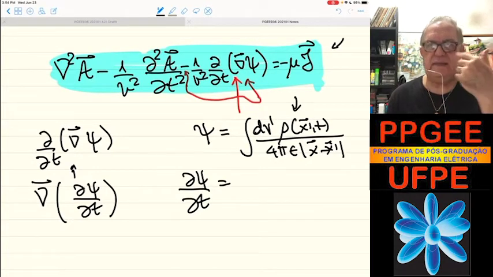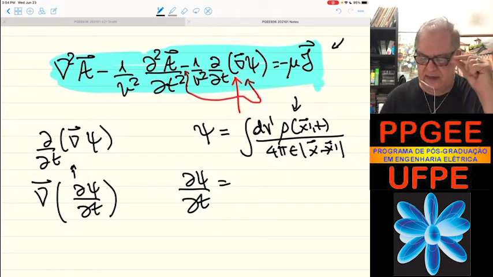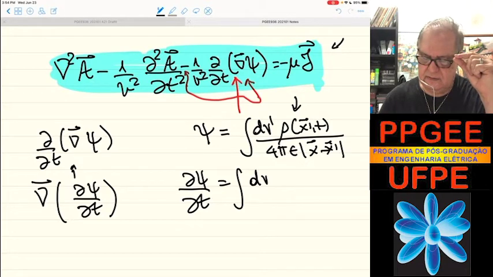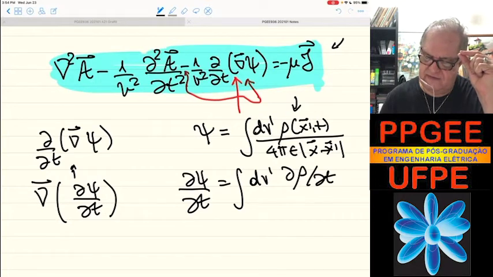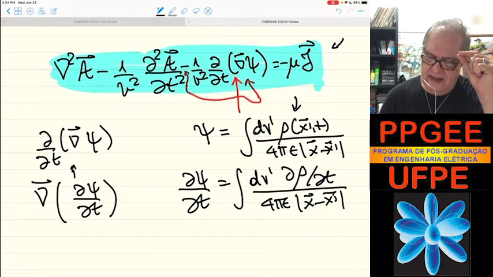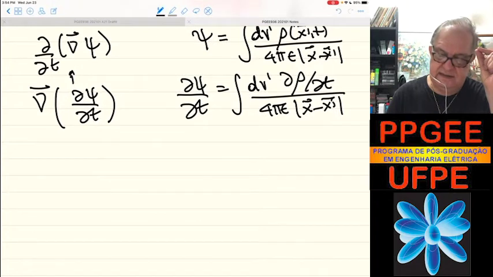I'm going to omit the arguments, okay? So it's going to be the integral of d rho. Recall that this is a time-varying function, divided by 4 pi epsilon times the magnitude of x minus x prime, and we have the condition, right?